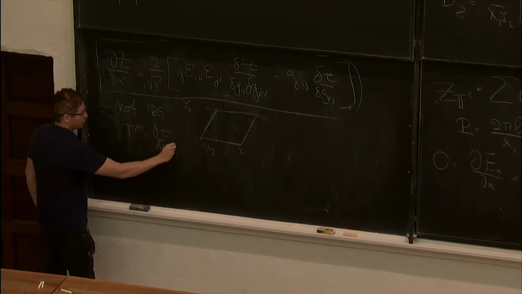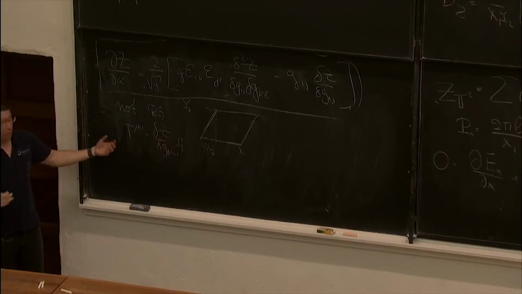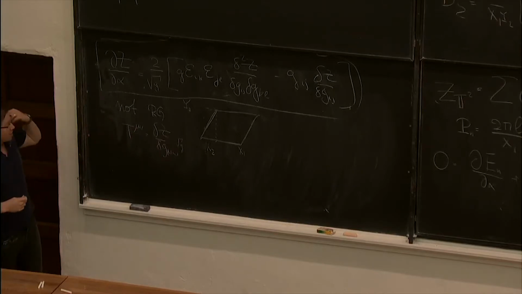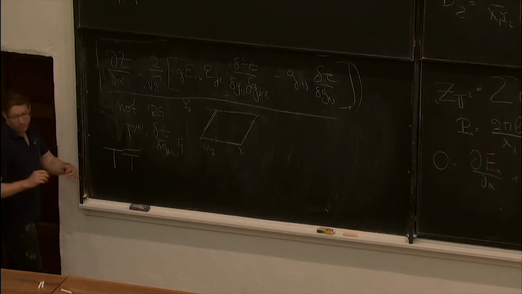Up to some square root of g here. That's how it's usually defined. What's the magic here? The magic here is that we've defined a composite operator. That's basically, you can think about it as T squared, okay? We added it to the action, we ask what happens if we change the coefficient of that operator in the action, okay?